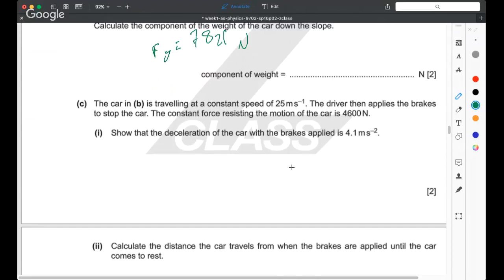Is this 7,821? The question is about resisting the motion of the car.